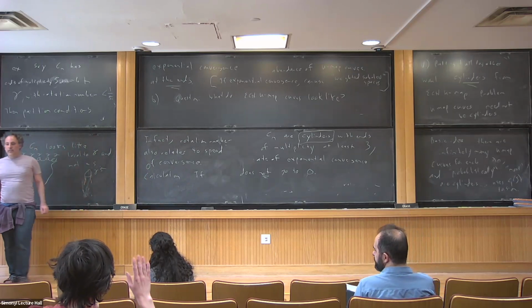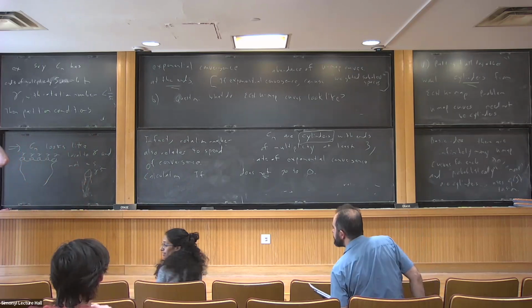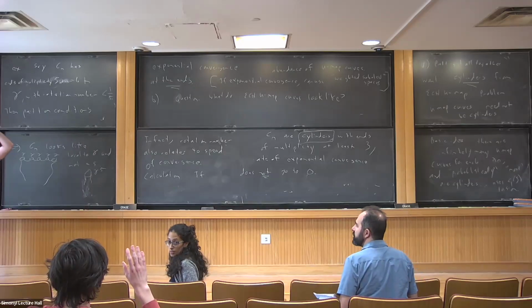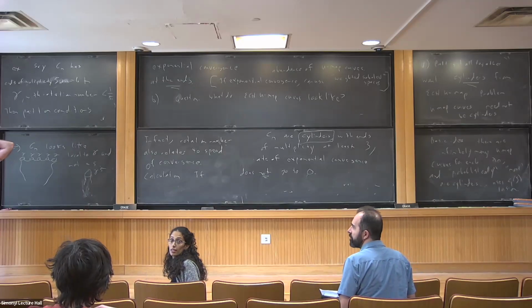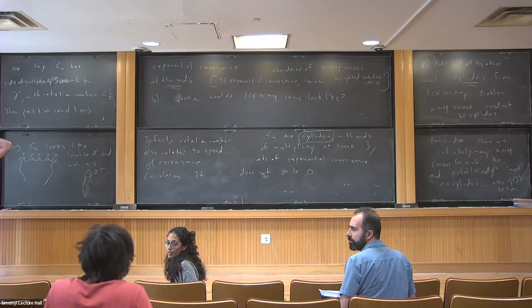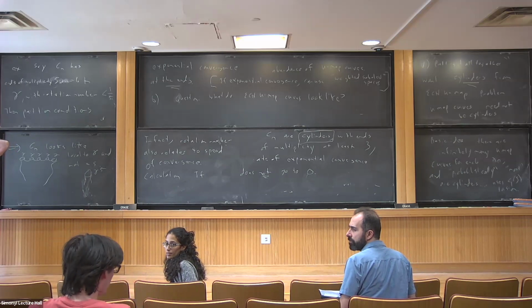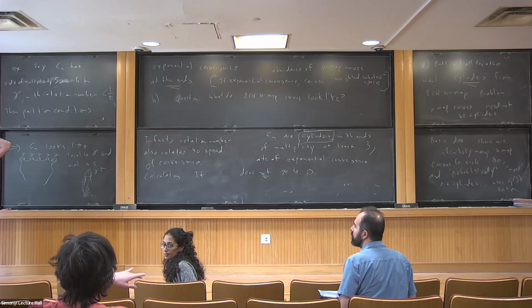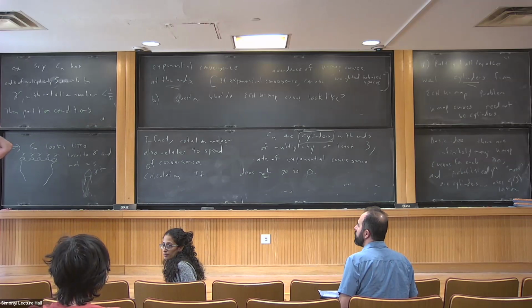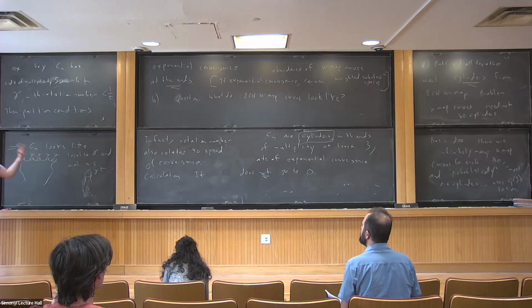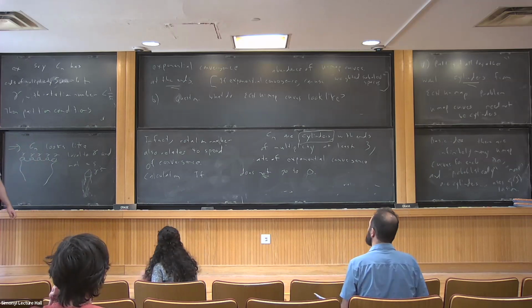Oh, wait, I think there was a question, but maybe we also need to clear out, but I can stick around. Yes. So I guess I have two questions. One, is the standardness of the contact form used anywhere in your proof other than in the original 2001 proof for the generic Kupka-Smale contact forms? No, in our proof, it's only relevant that the Chern class of the contact structure is torsion, which happens automatically over S3.